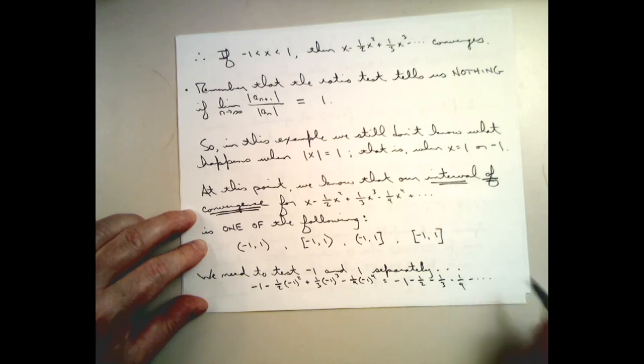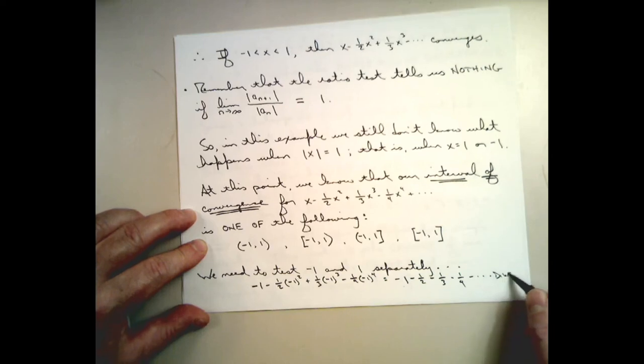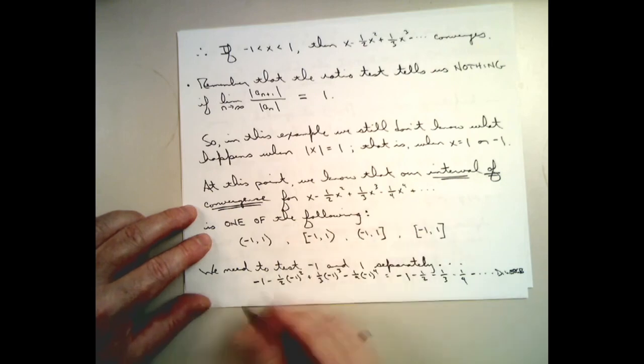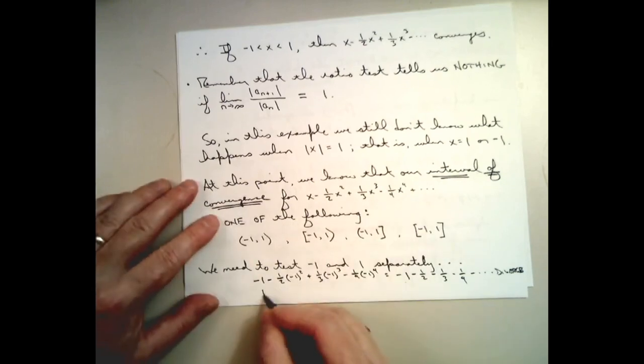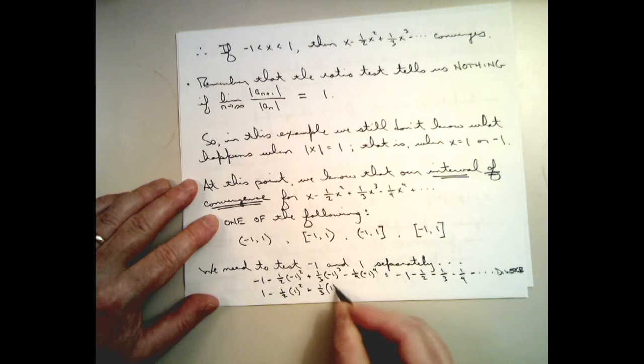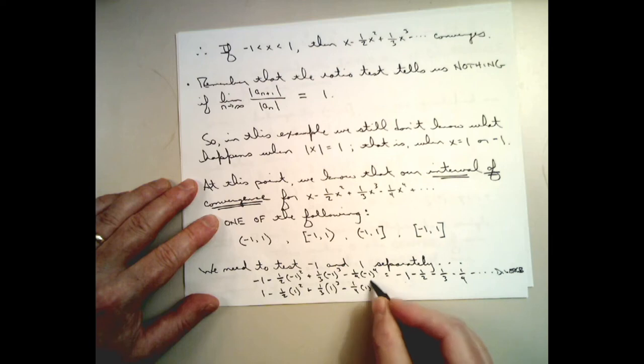We can see already we've got the opposite of the harmonic series. This is the opposite of, or we could say the p series with p equals 1. We know that diverges. But whenever x is 1, this series looks like 1 minus a half times 1 squared plus a third times 1 cubed minus a fourth times 1 to the fourth.